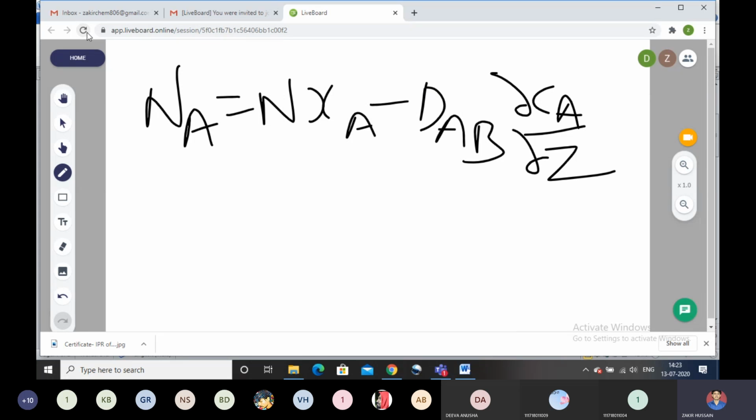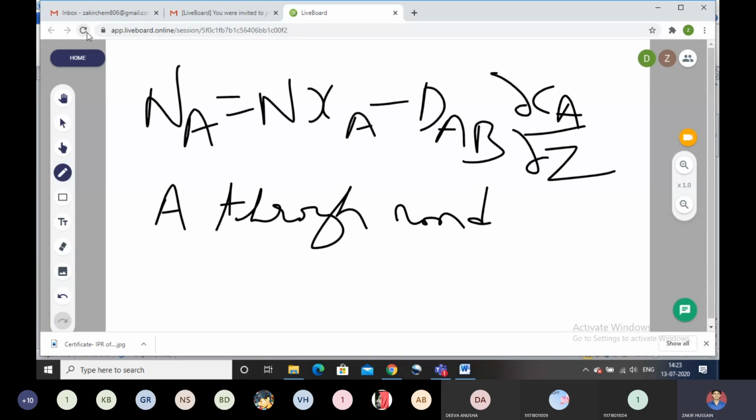Now what is the definition of A through non-diffusing B? A is just diffusing into some solvent. In the example, A is NH3 going through water, whereas air is remaining inert, so it is not diffusing at all.